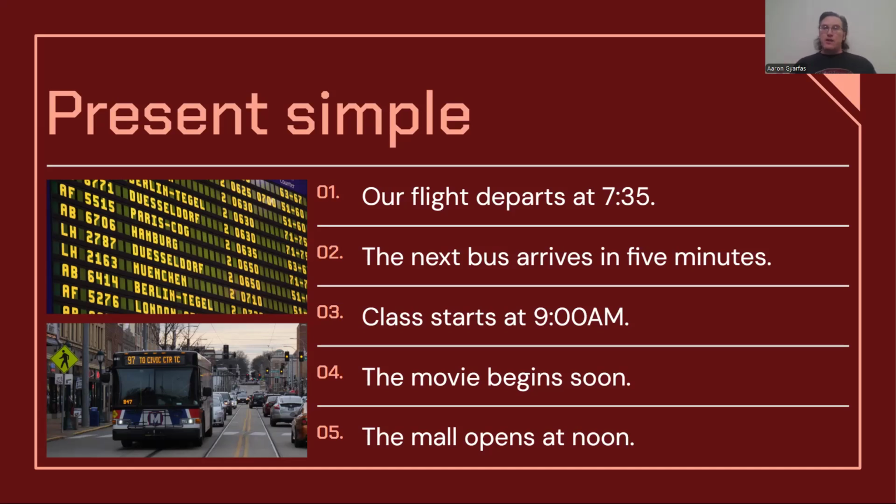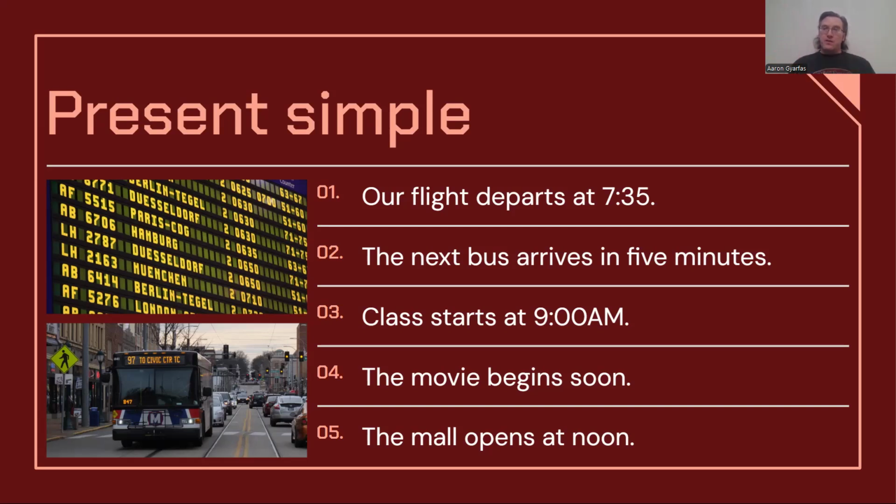If it's a school schedule or class schedule, class starts at 9 a.m. At the cinema, they have a schedule of when the movies start, right? So the movie begins soon. The shopping mall, every day it opens at a certain time, it closes at a certain time. Every business opens and closes. The mall opens at noon.